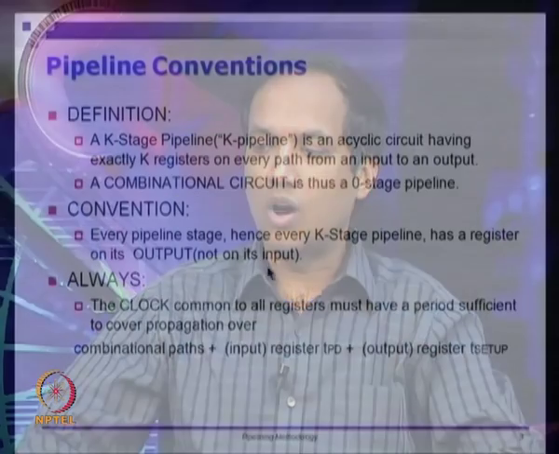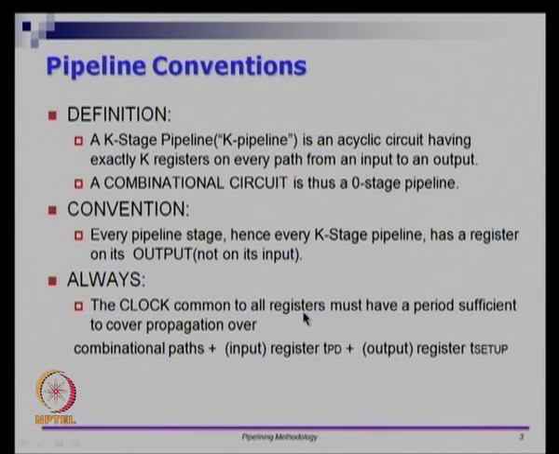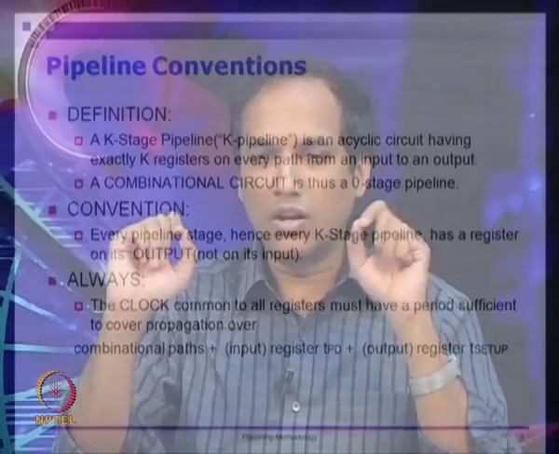And the other convention that we have is, there is a clock that is common to all the registers and it must have a period that is sufficient to cover the propagation over the worst case. So I have a single clock that is going to supply all the flip-flops, and the time period of this clock should accommodate the worst case path across all the stages.